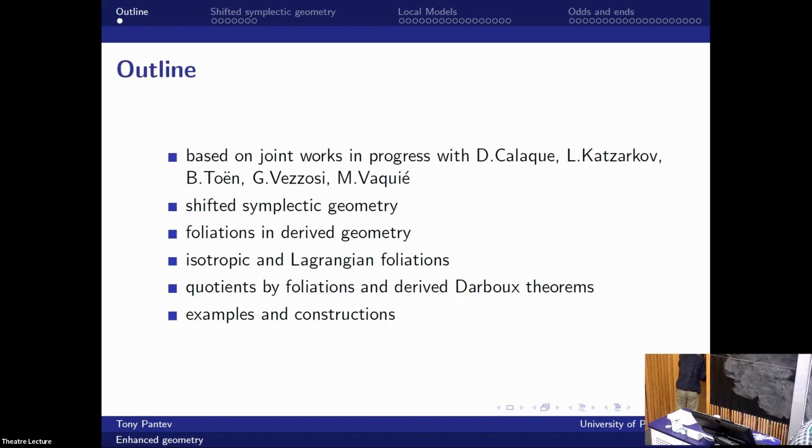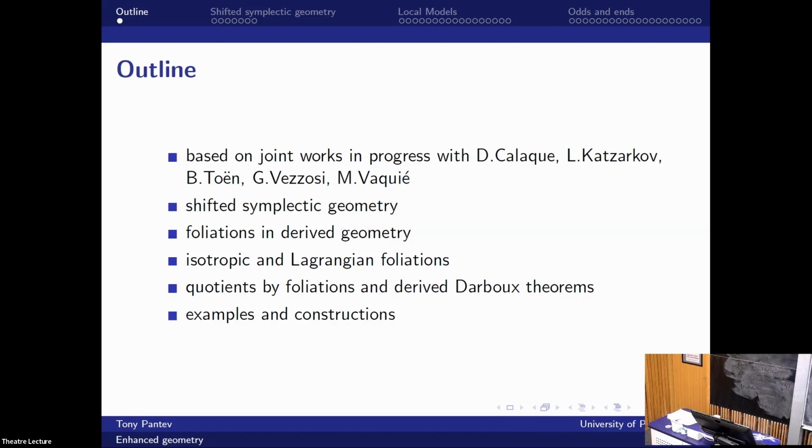And so I'm going to do a very quick excursion in derived symplectic geometry and shifted symplectic geometry, because this is the type of geometric structure that gives rise to those functions. And then I'm going to try and set up the problem of actually understanding when these structures are coming from functions, and that has something to do with the existence of foliations.